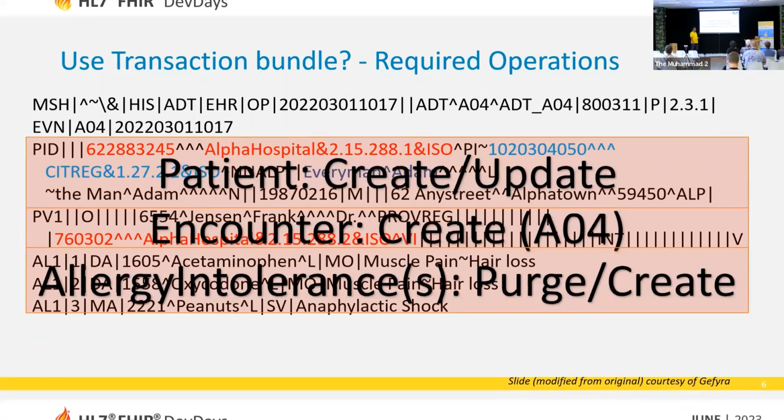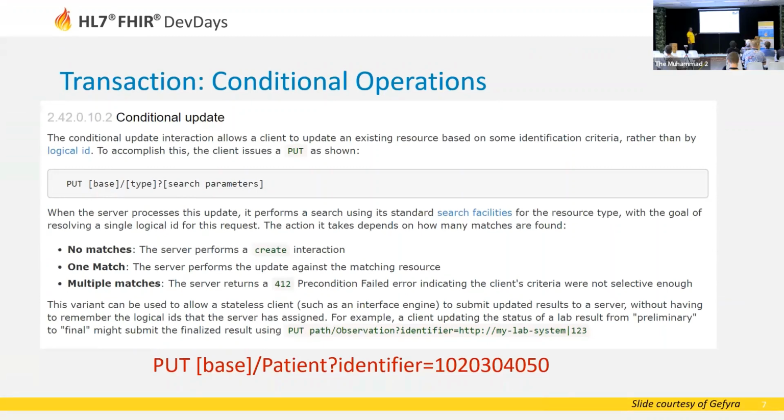But in transactions, like in REST, you can do conditional operations to deal with that. For example, you can do an update, which is really an upsert in FHIR, and go like, well, I want to update the patient with this business identifier, let's say the national citizen identifier or something.